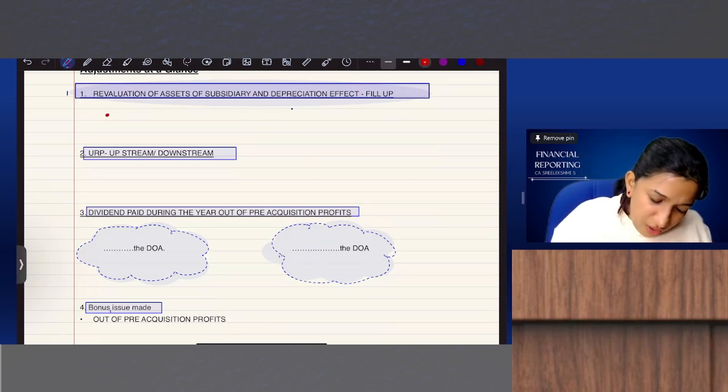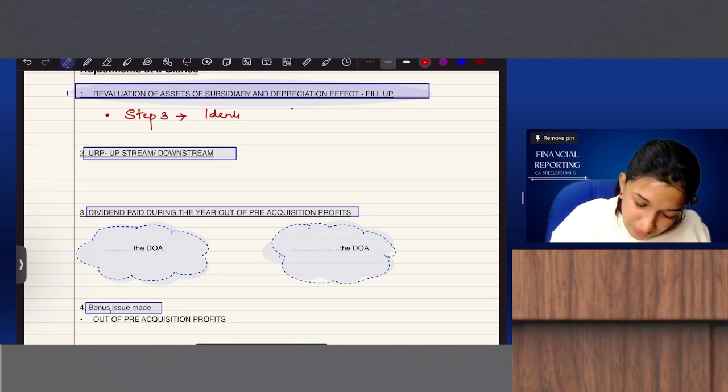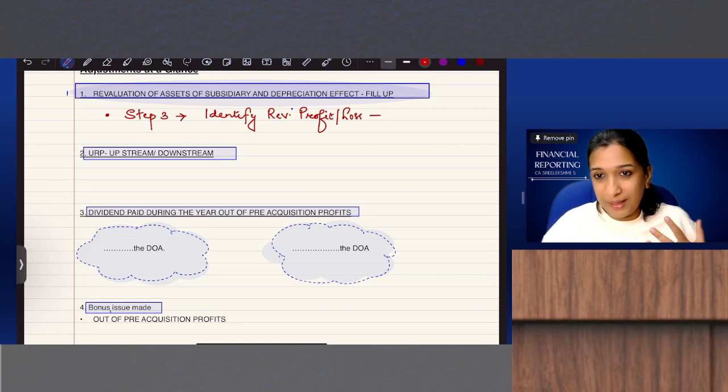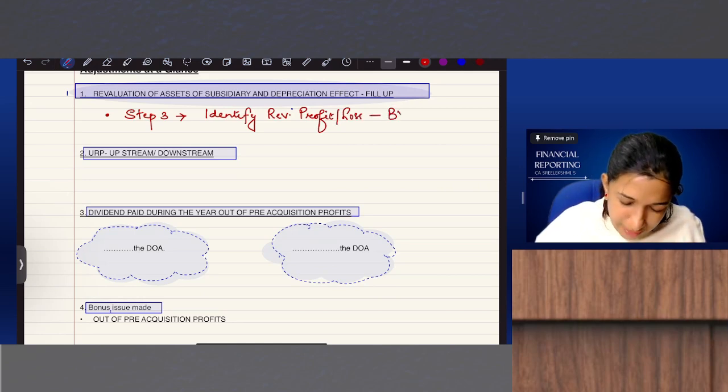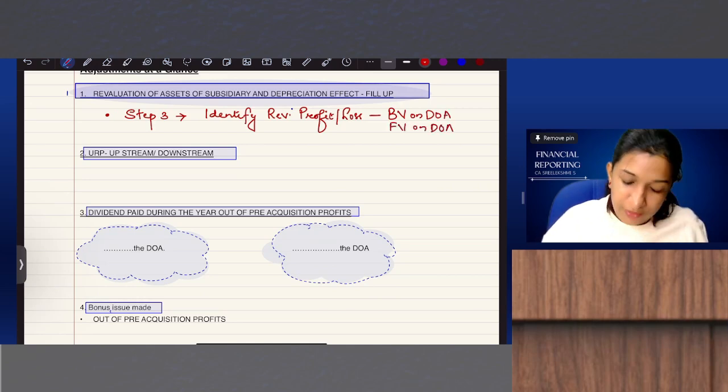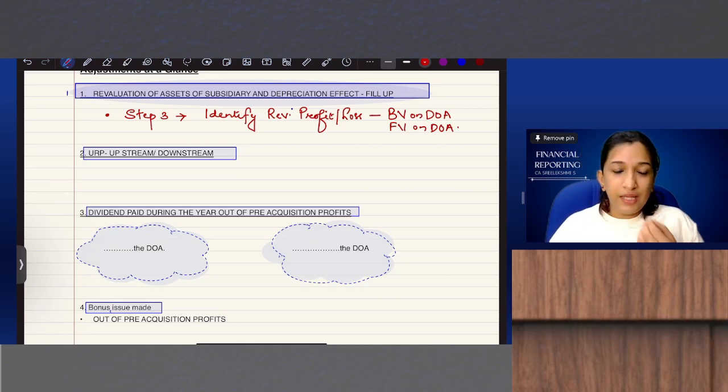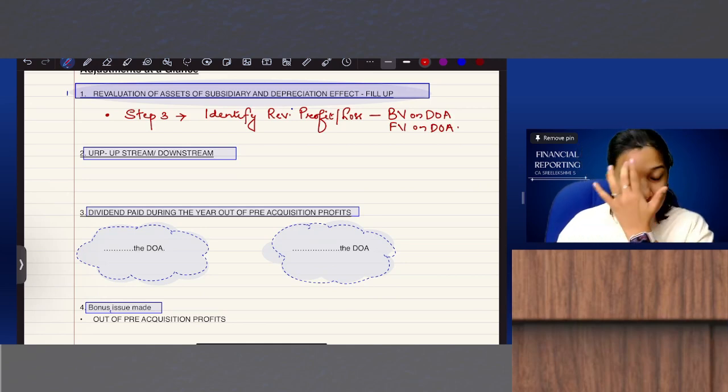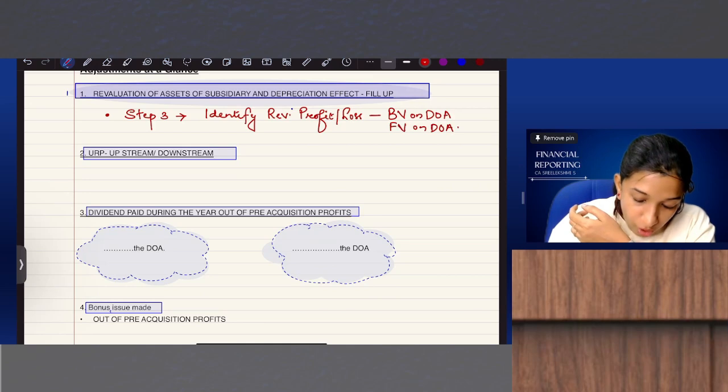Step number 3: identify the revaluation profit or loss, which is always by comparing book value on the date of acquisition with fair value on the date of acquisition.